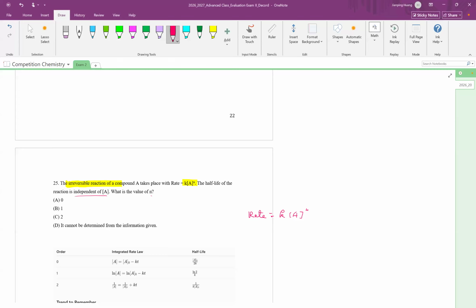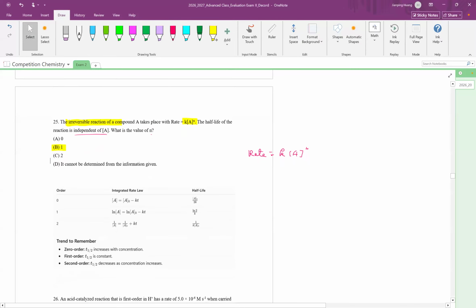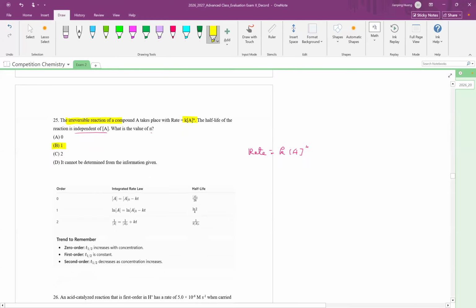Do you think it's so easy, class? Do you think it's this one? Right? No. Here I give you this one. Did you see? Zero order, 1, 2. That's the integrated rate law. That's it. So this question gives you points. Okay. So that's the answer, now go to the next one.